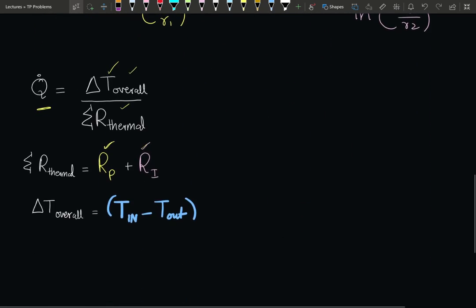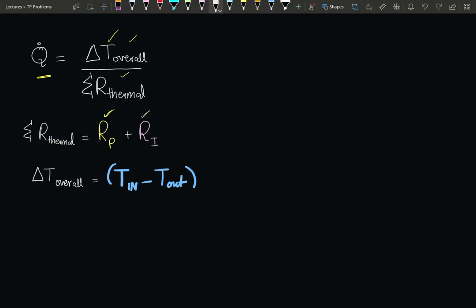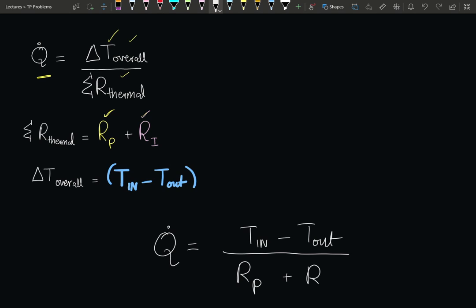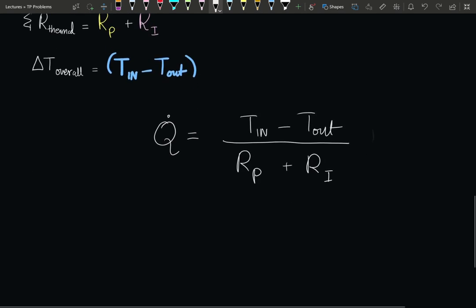Now we've essentially formulated the problem, but if I want to write down the algebra, it's going to look something like this, which is of course not necessary, but I'm just going to write it here for the sake of completion. The resistance of the pipe plus the resistance of the insulation, and expand.